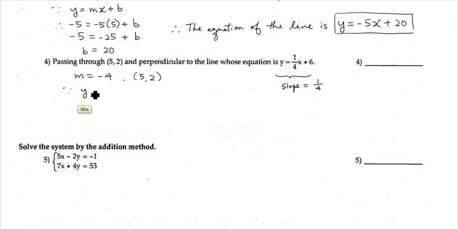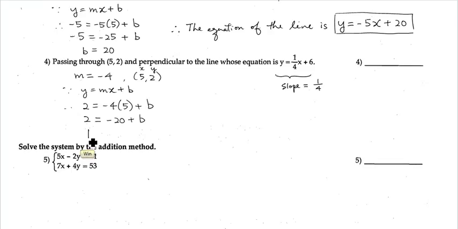We have y is equal to mx plus b. And then I'm going to replace the y by negative 2 and x by 5. So we got negative 2 is equal to negative 4 times 5 plus b. So negative 2 would be equal to negative 20 plus b.